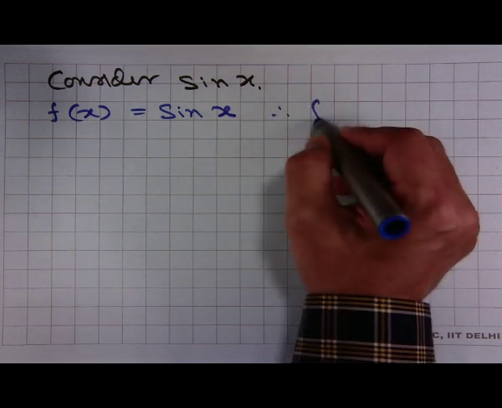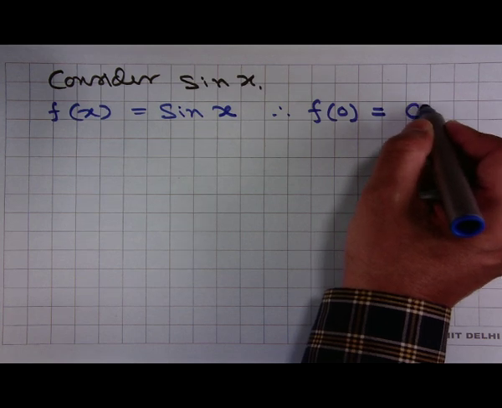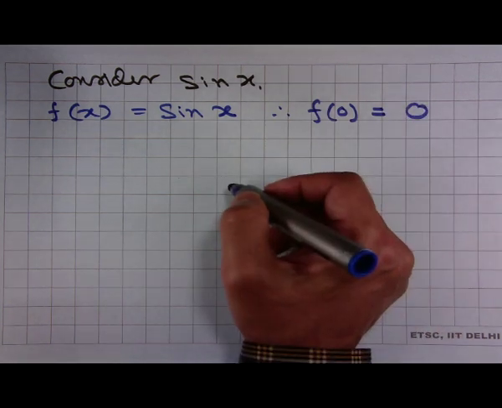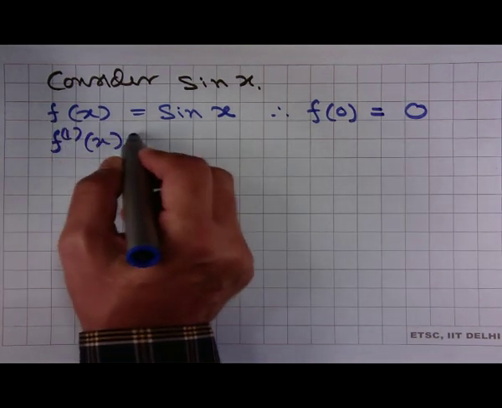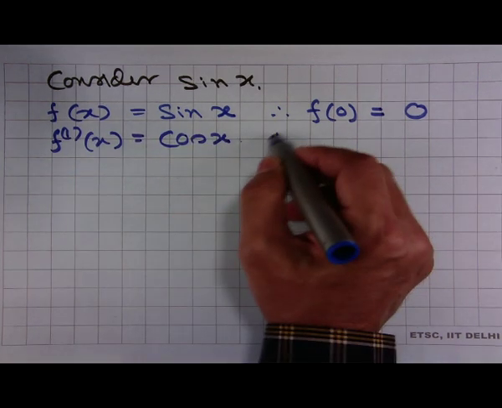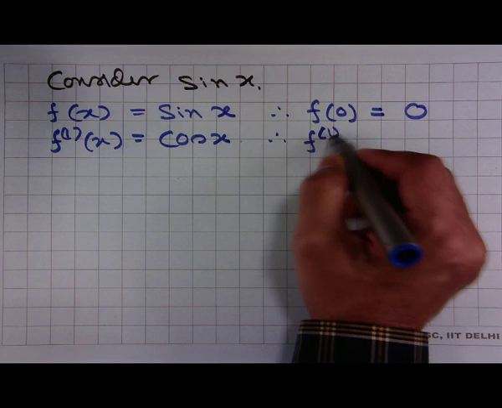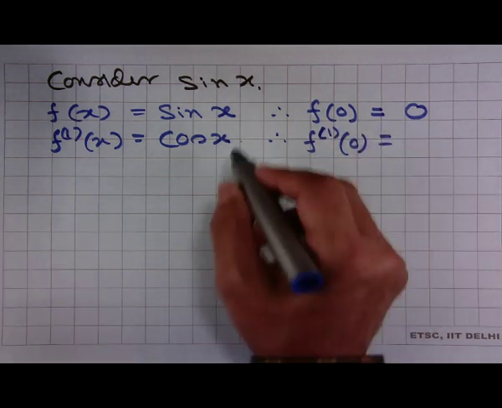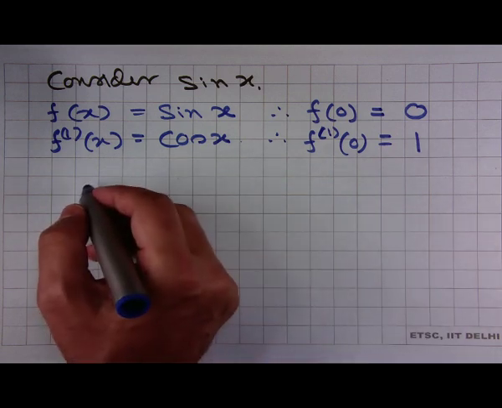Therefore, f 0 is equal to 0. First derivative of x is equal to cos x. Therefore, first derivative at 0 is equal to cos 0, which is equal to 1.